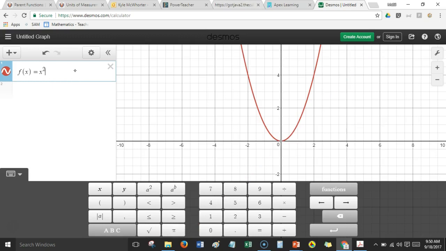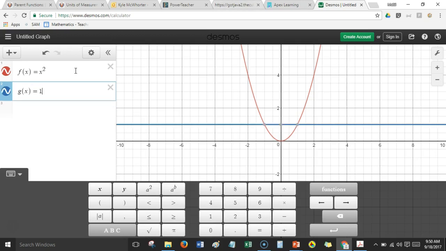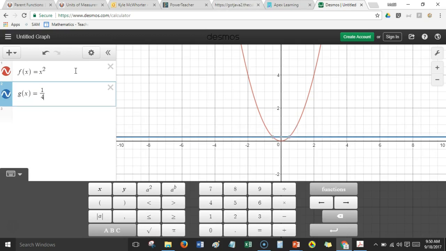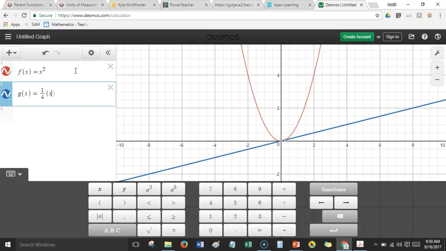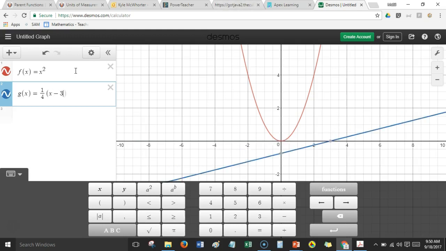So there's my parent function. And then g of x equals, what was it, 1/4? So I'm just going to do 1 divided by 4, push my right arrow to get out of the fraction, parentheses, x, what was it, minus 3? Close the parentheses, make that squared.